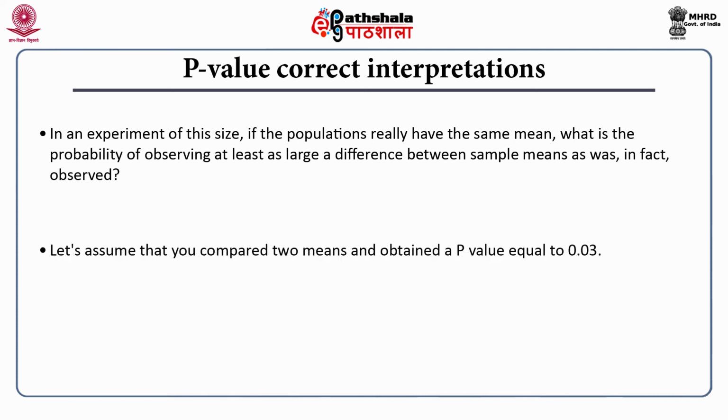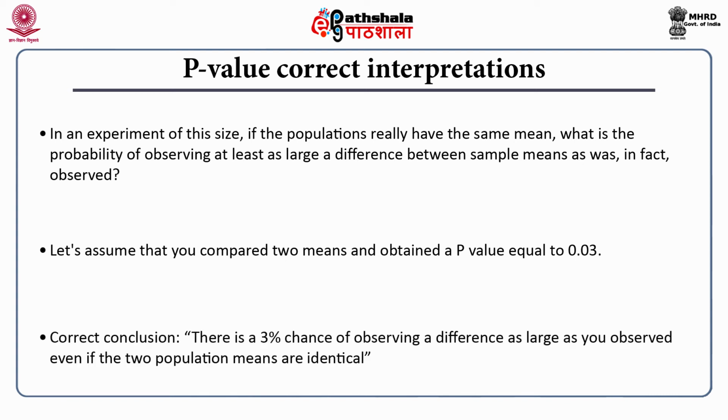So let's assume you compared two means and obtained a p-value of 0.03. The correct conclusion is there is a 3% chance of observing a difference as large as you observed even if the two population means are identical. That is exactly the right way of interpreting the p-value.